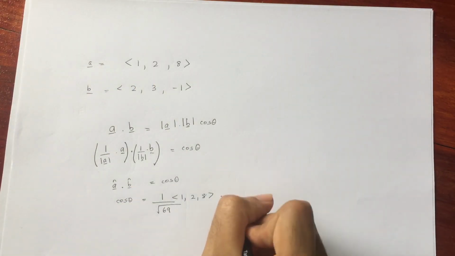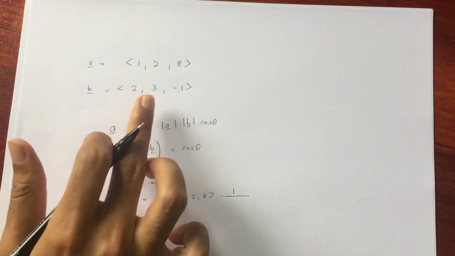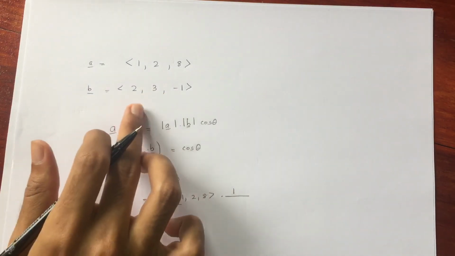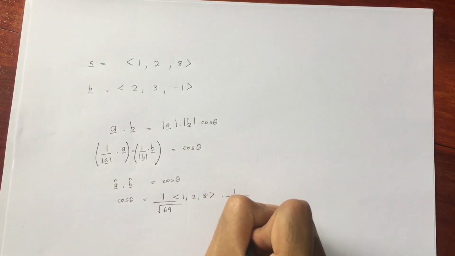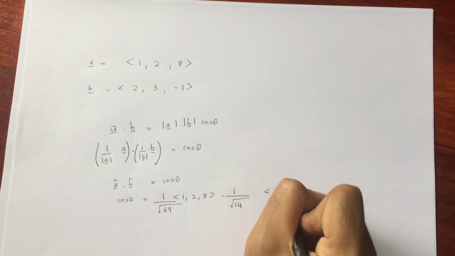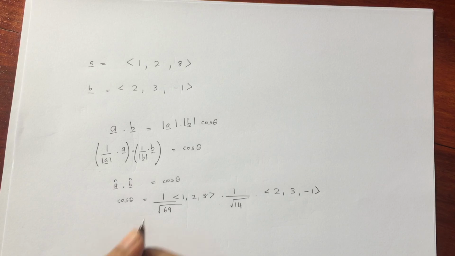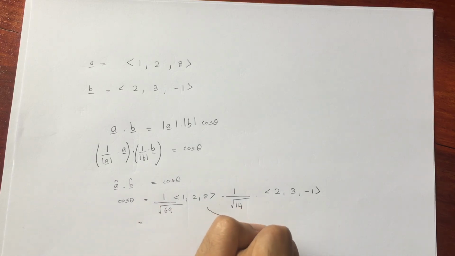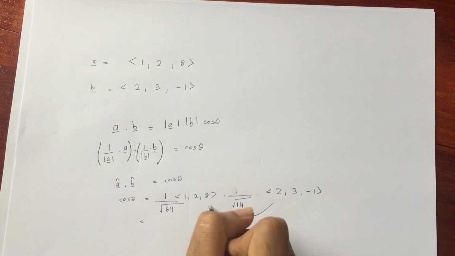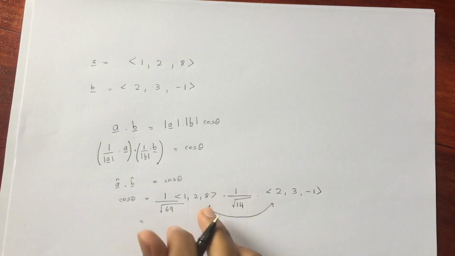If I do so, I get 4, 9, 1, 5, 9, 14. So it's going to be 1 over root 14 into 2, 3, minus 1. Now I have found this. I'm going to use the dot product between these two vectors, and after that we can directly find the value of cos theta.